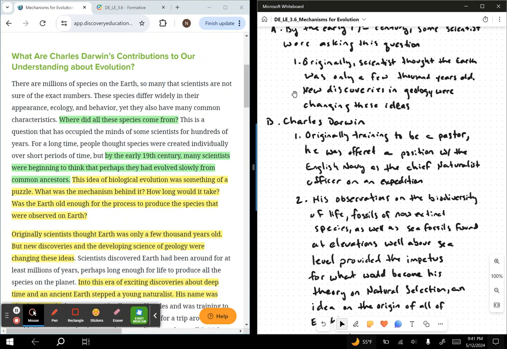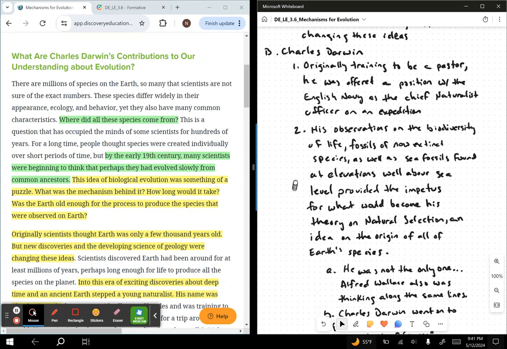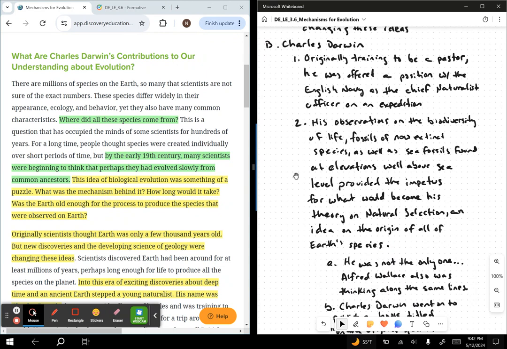And this turned out to be an important position for him. His observations on everything from the biodiversity of life that he saw, to the fossils that he encountered that are no longer visible to us today, to the fact that he saw sea fossils at elevations far above sea level, started to make him think about the origin of life.